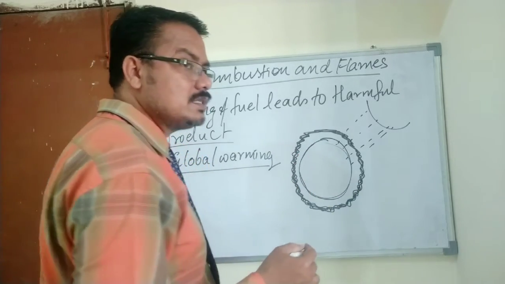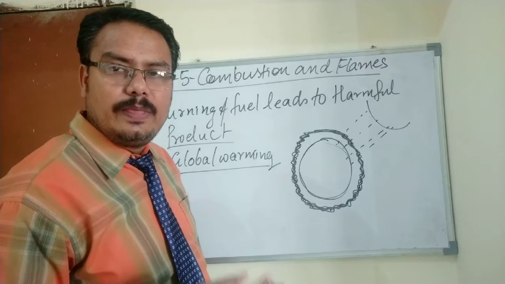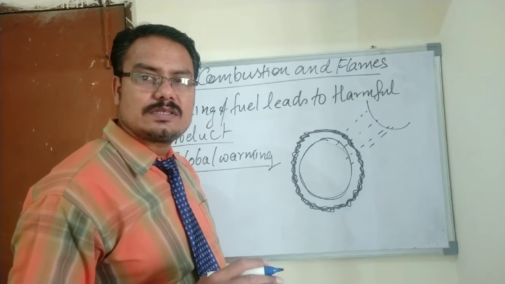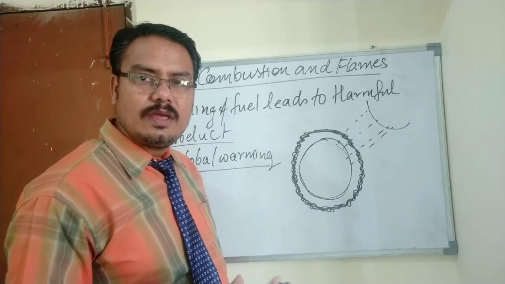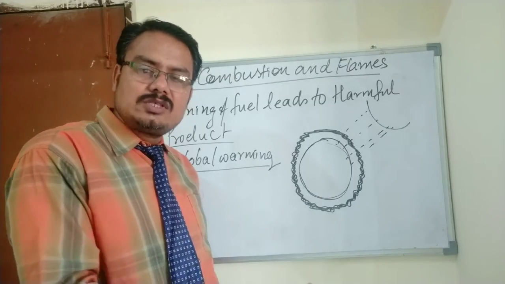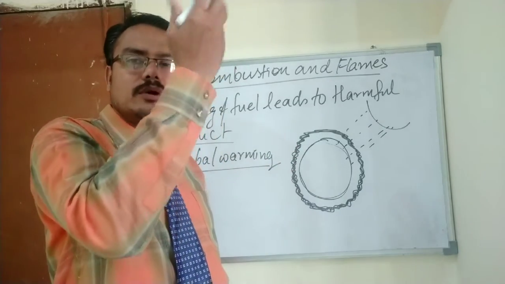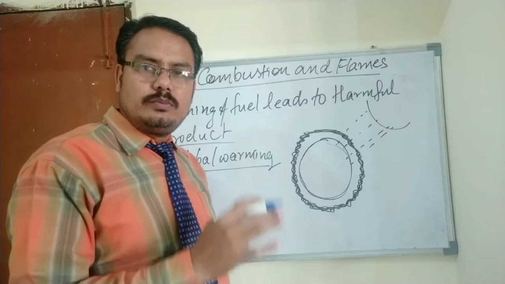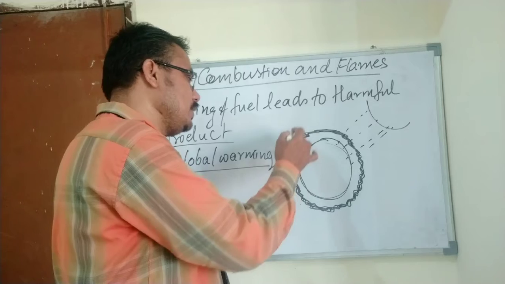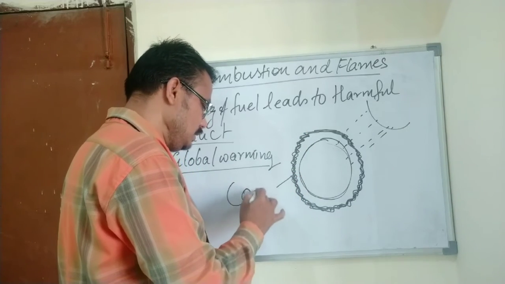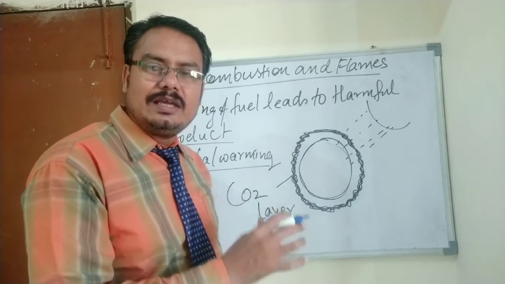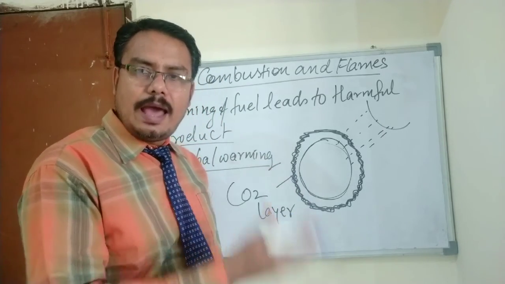When the earth's surface gets heated, the air in contact with it also gets heated, and when that heated air tries to go up in the atmosphere to cool the earth's surface, this CO2 layer is not letting it happen.